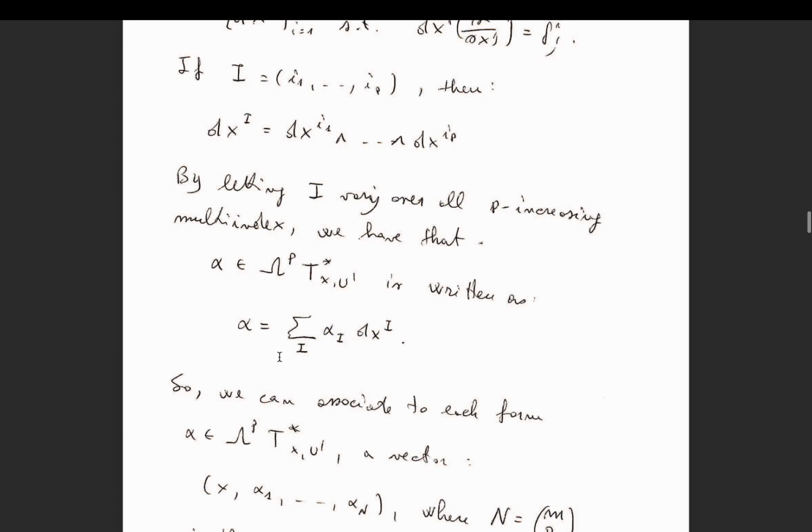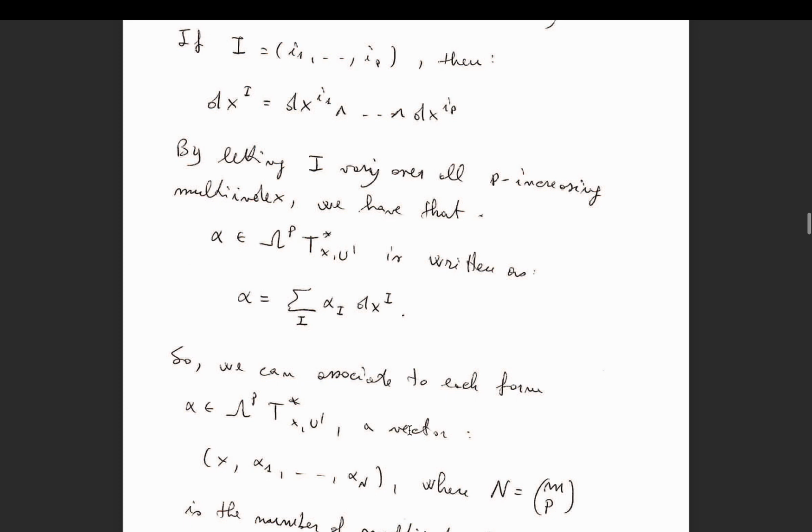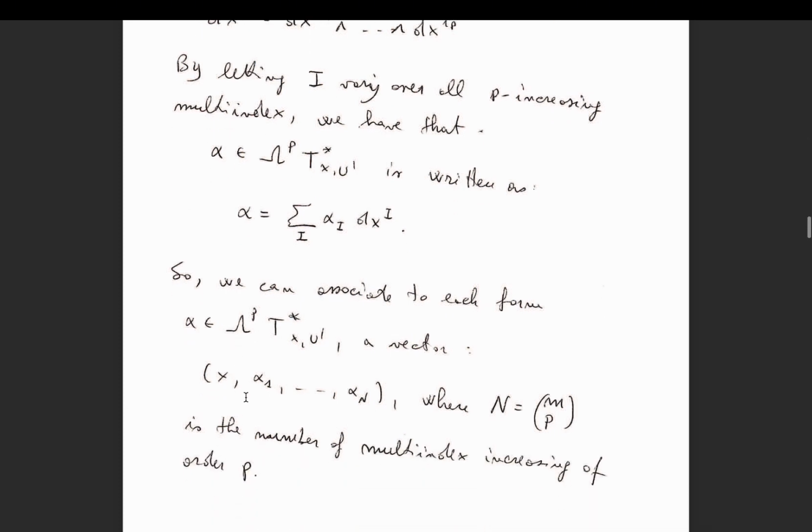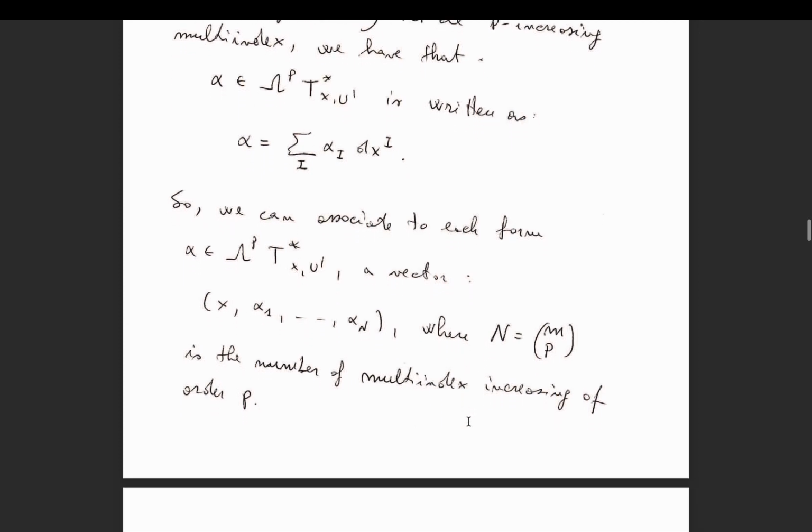So to each form we can associate a vector (x, alpha_1, ..., alpha_M), which belongs to U prime times R^M.